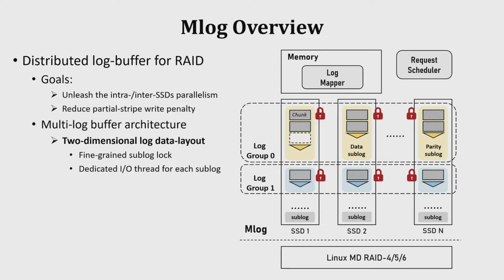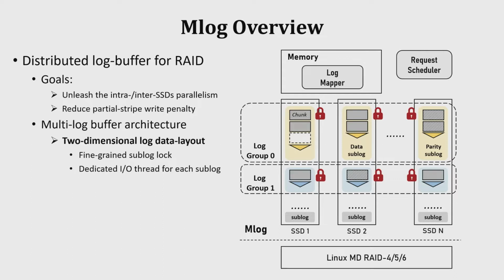To achieve the first goal, Mlog proposes a two-dimensional log data layout that physically partitions the global log buffer into multiple SSD zones horizontally. Each SSD zone locates within a member SSD and is further divided into a set of independent sublogs vertically. The capacity of a sublog is 1 GB by default.